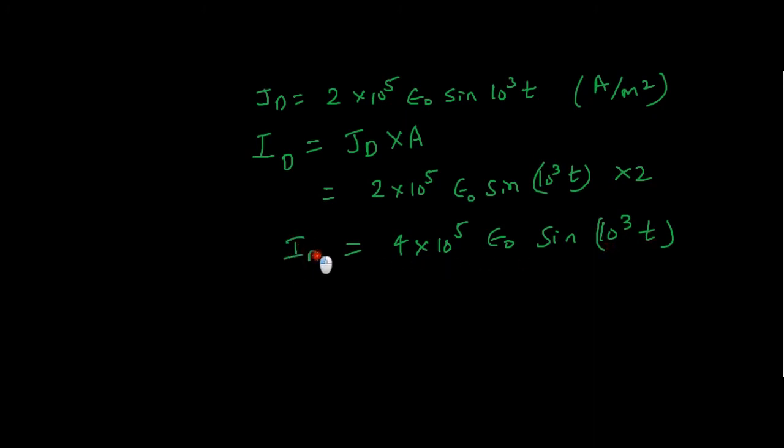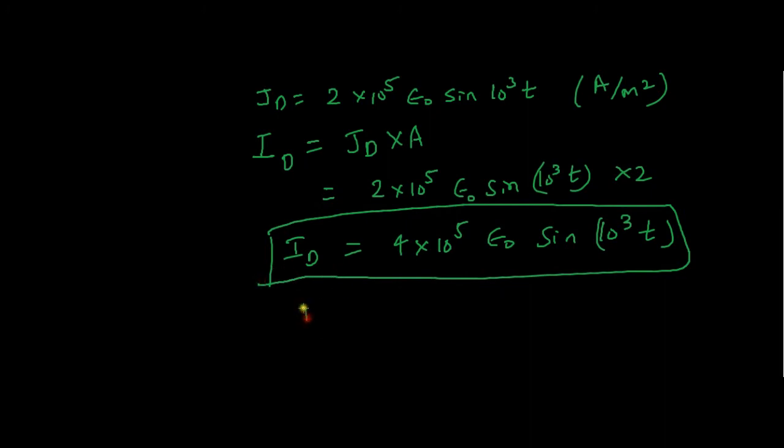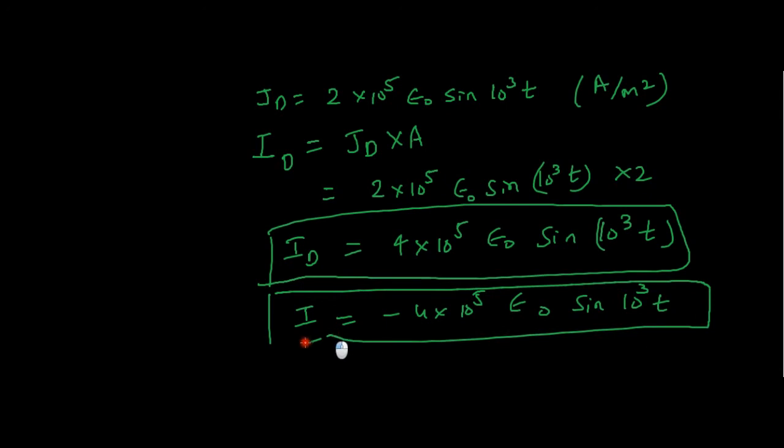This is ID, and the I which we found in the usual fashion was minus 4 into 10 raised to 5 epsilon naught sine 10 cube t ampere. Both are in ampere.